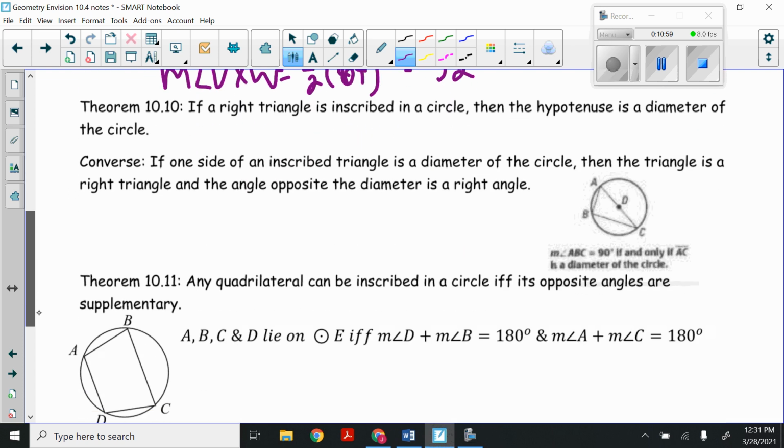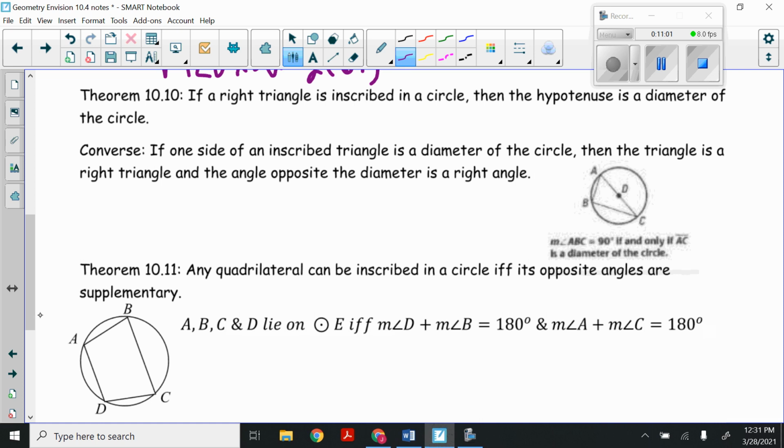Let's look at another theorem. Theorem 10.10 tells me that if a right triangle is inscribed in a circle, then the hypotenuse is the diameter of the circle. The converse of that is also true. So if one side of an inscribed triangle is the diameter of the circle, then the triangle is a right triangle, and the angle opposite the diameter is the right angle.